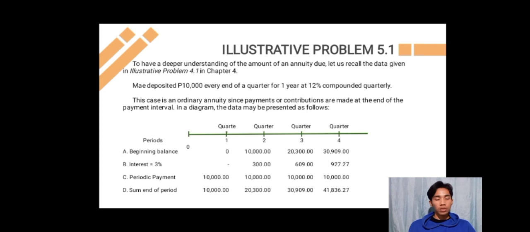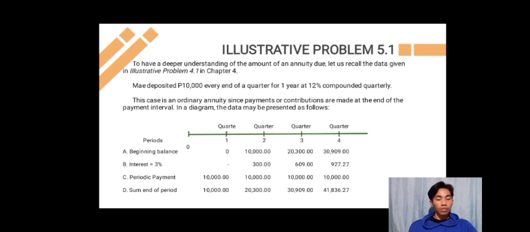Sa next quarter, sa third quarter, sa beginning balance niya, meron siyang 20,300 and nag-earn ng interest na 609 dahil sa interest na 3% at nagbayad ng 10,000 dahil nag-end na yung third quarter. So, sa sum of end of period niya, meron siyang 30,909.